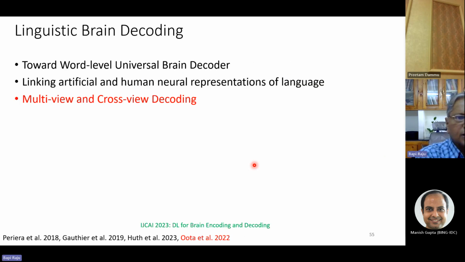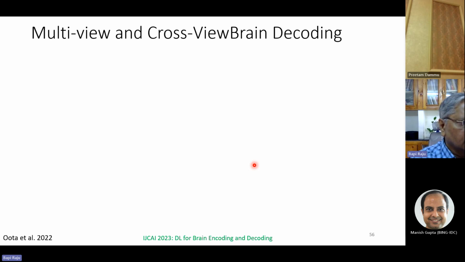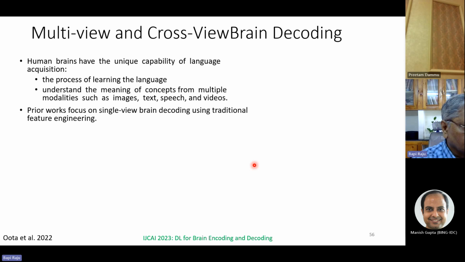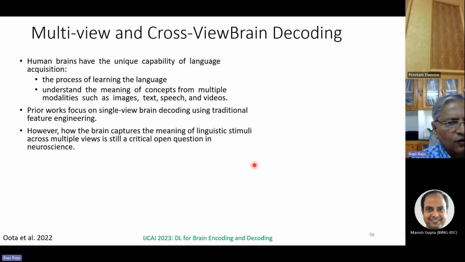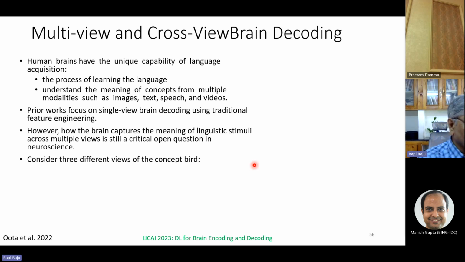In the last few minutes, I will talk about some of the work that we have done on multi-view and cross-view decoding. This is based on Pereira's dataset. We asked this question: can we use the information that is available within the brain activation to go from one view to the other view? Suppose I show you a concept.